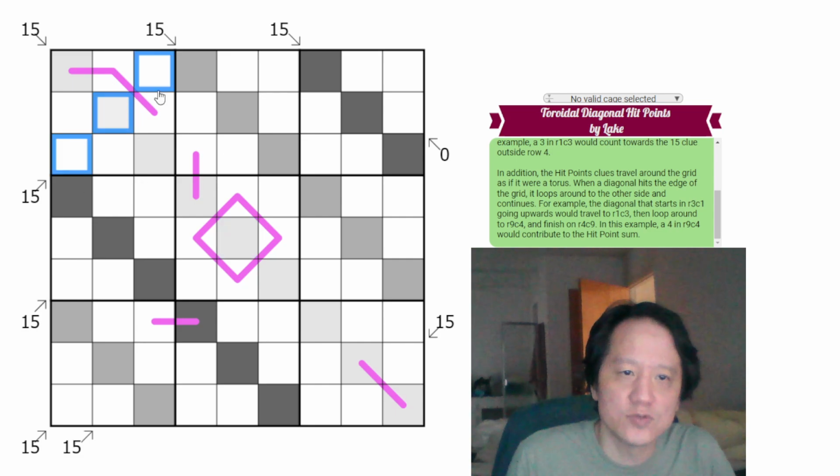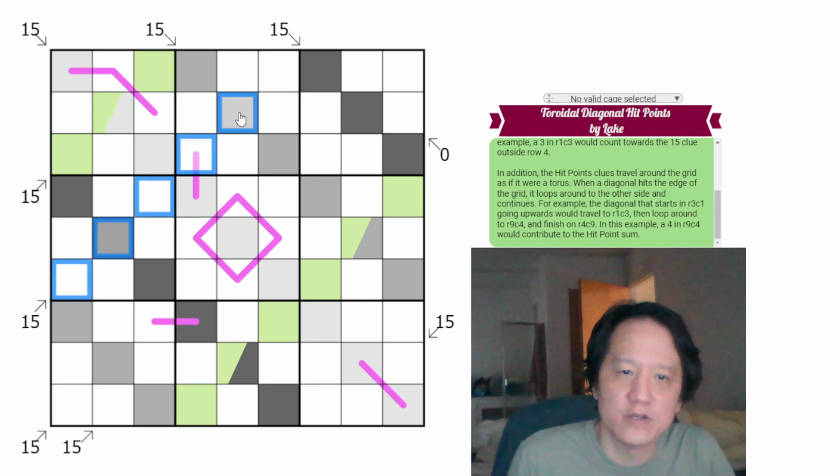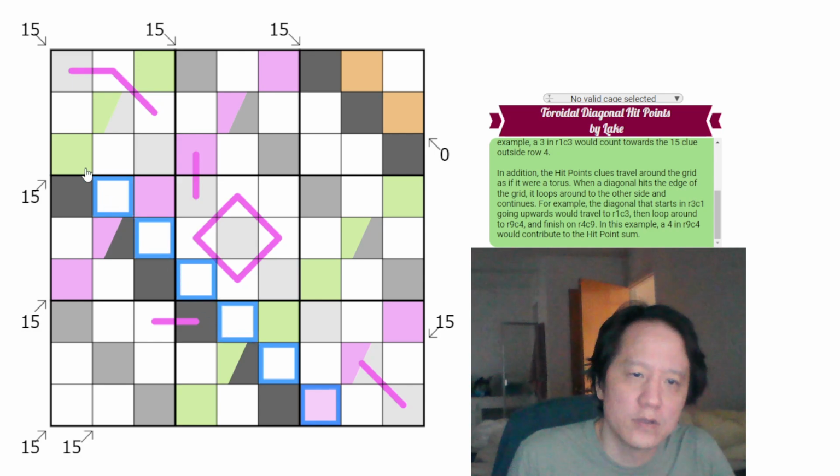You have this one, which continues on here. You have this one, which would continue on here. You have this one, which continues on here.